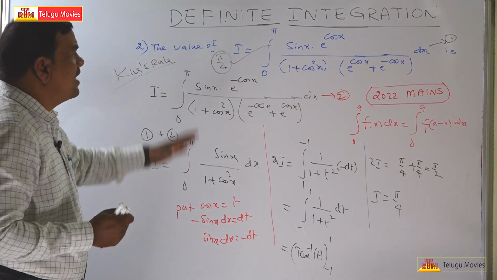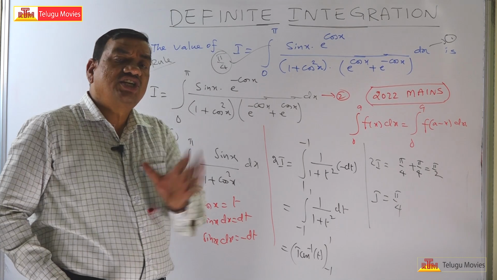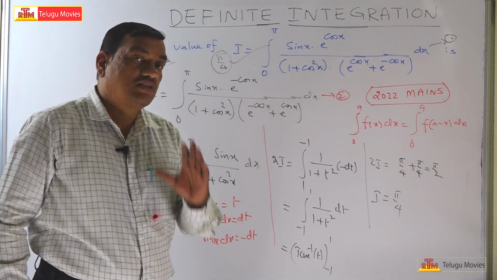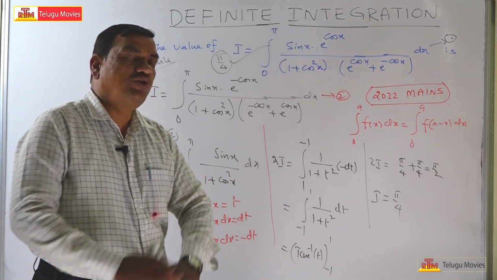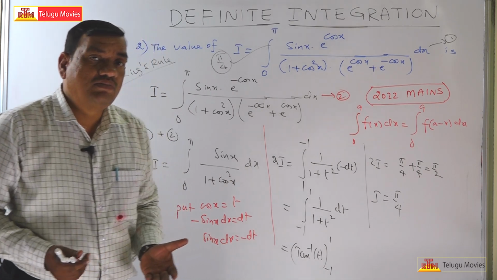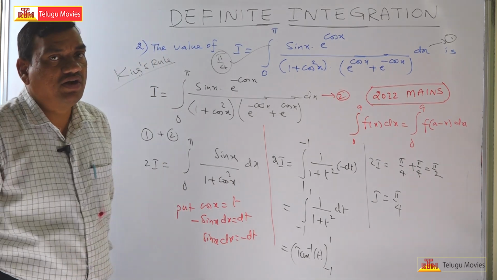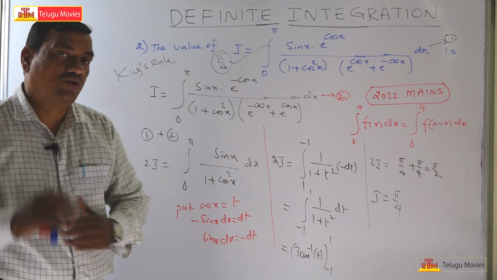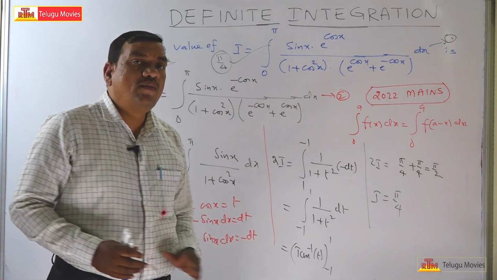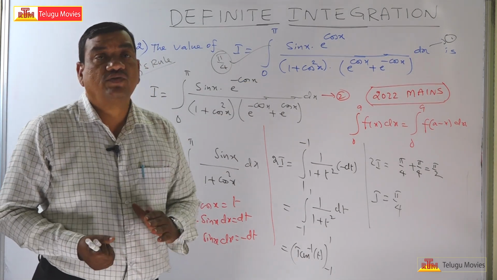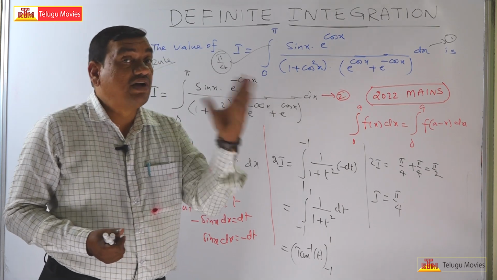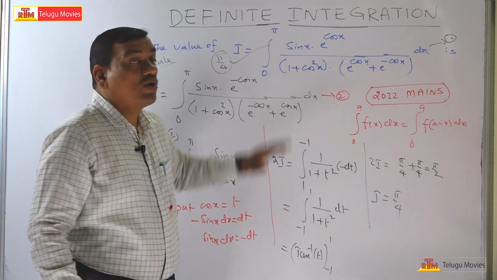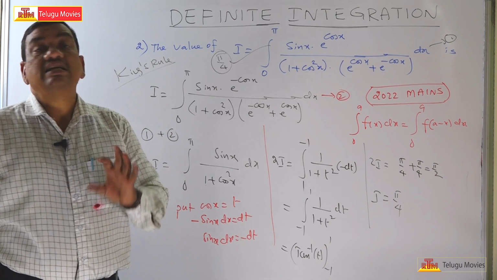So, dear students, why I am explaining this problem is that this type of problems are also asked in JEE Mains examinations. Don't think that JEE examination means all 30 bits will be given at a very difficult level. This type of problems will also be there, minimum 6 to 7 problems which are easily solvable.